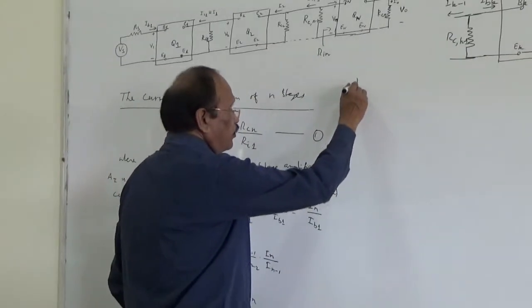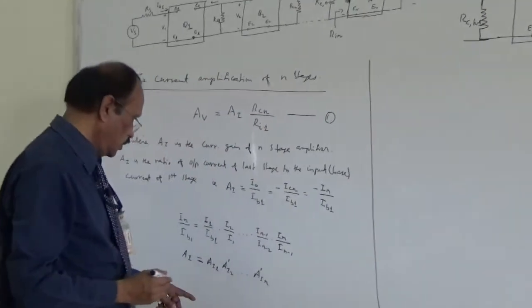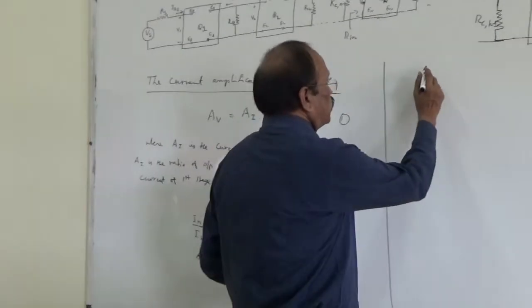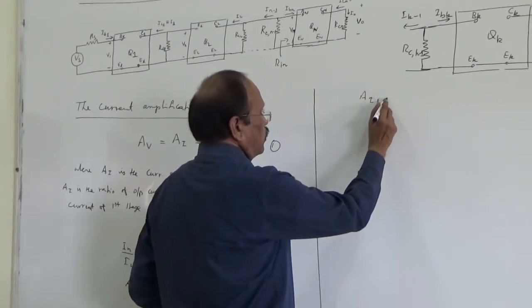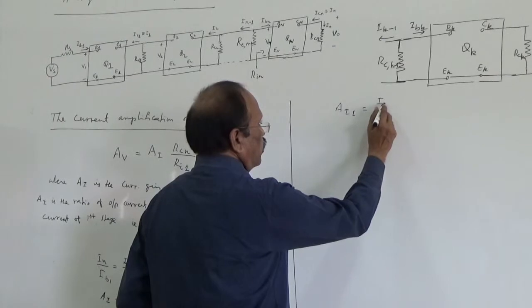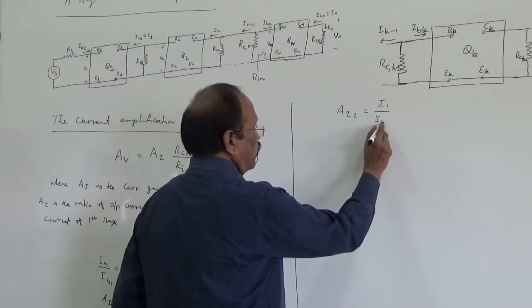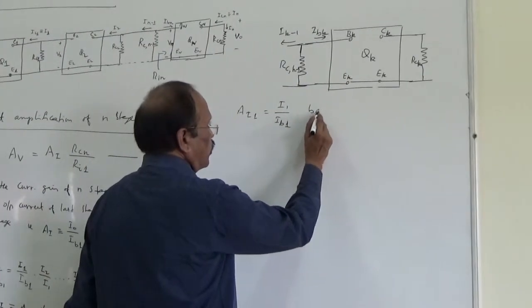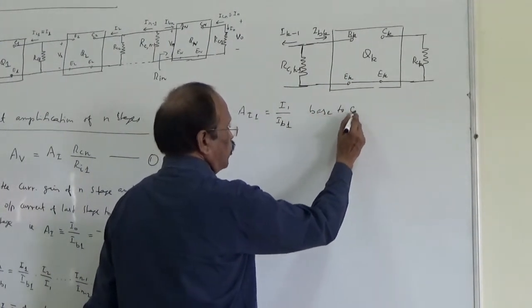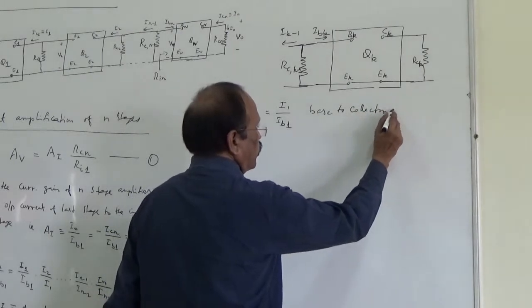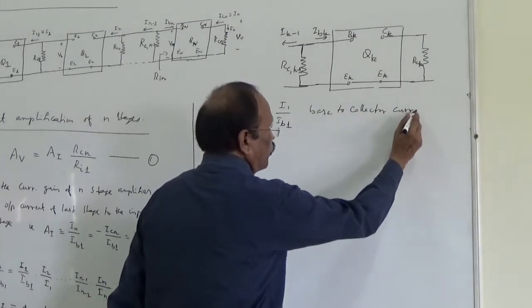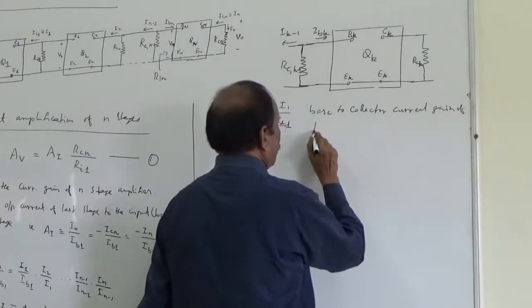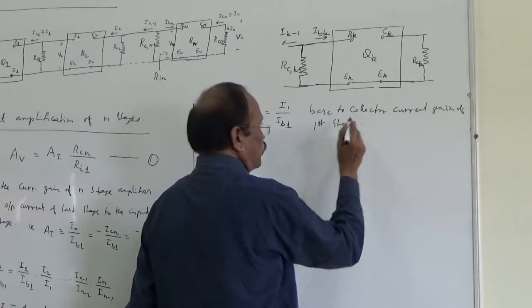Now, this AI1 is given as I1 by IB1. This is the base to collector current gain of the first stage.